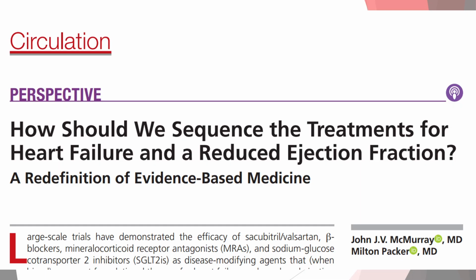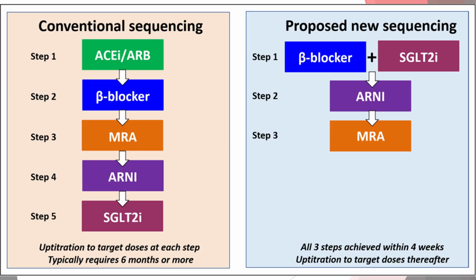How should we sequence the treatment for heart failure? McMurray actually did a pretty good push for a shift in how we do things. The old system was a sequential start. What was found is that we don't get the patients to the appropriate medications fast enough prior to discharge.